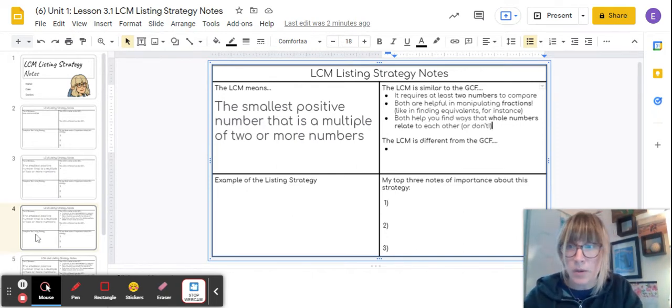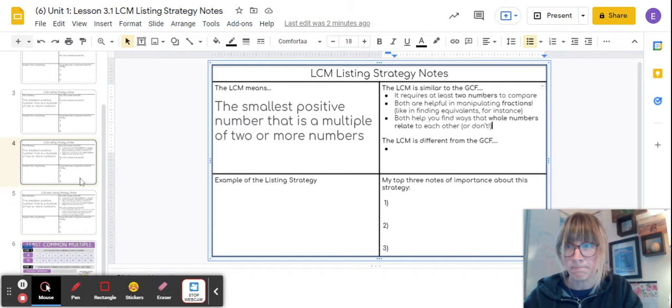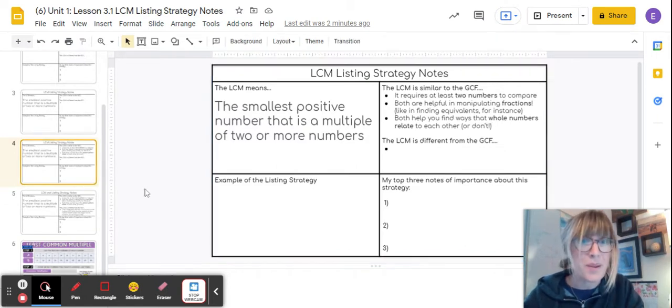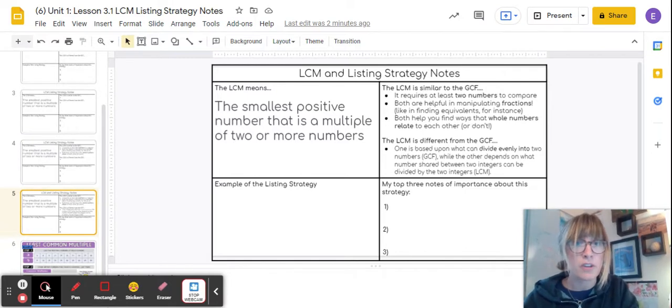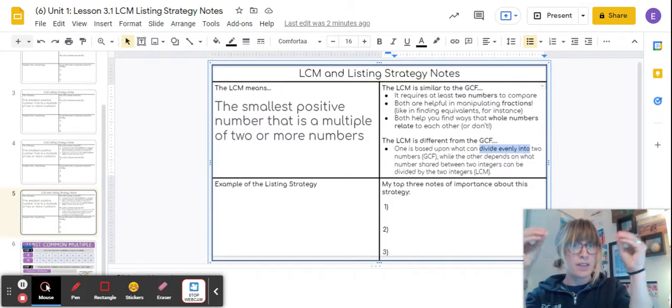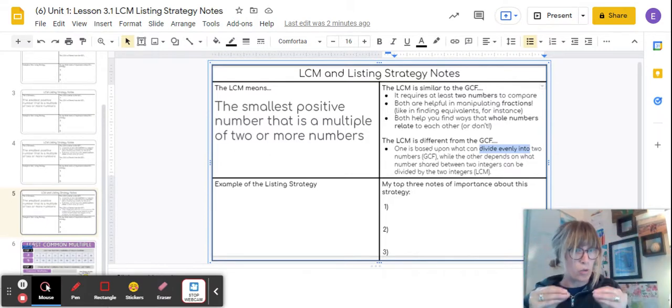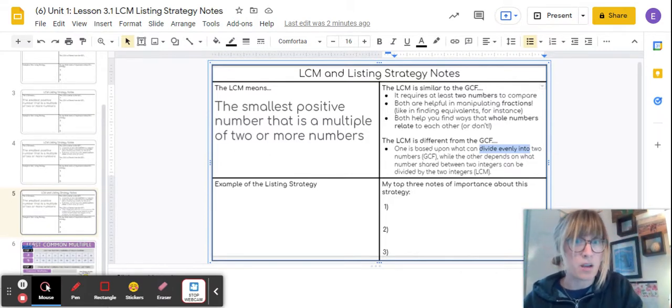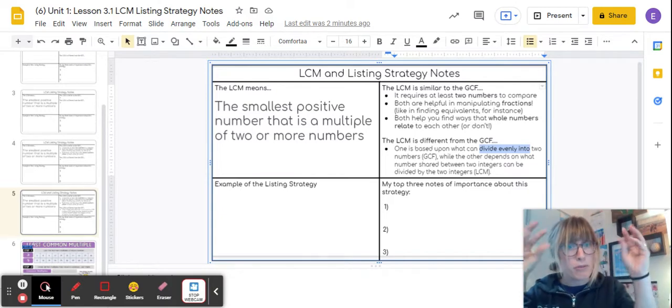When we think about the LCM and how it's different from the GCF, the GCF is based upon what can divide evenly into two numbers. So it goes low, low, low. To find the greatest common factor, we're going to be factoring, so it gets low.